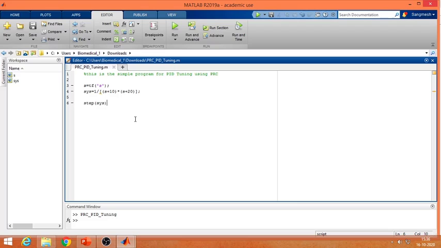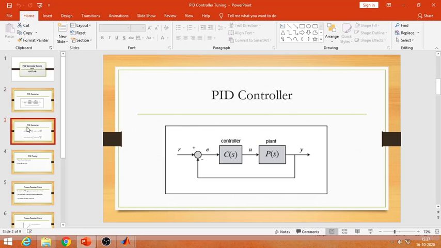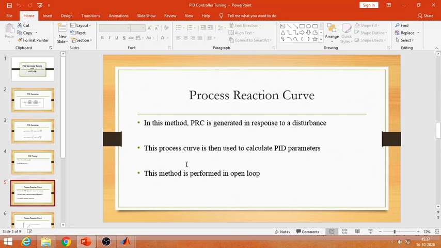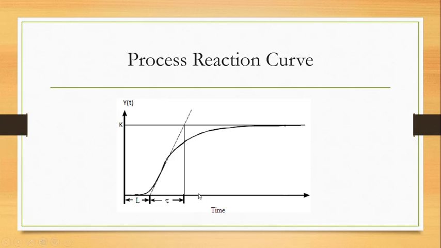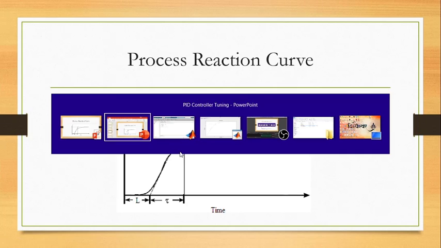Once we get this step response, our task is to find L, K and tau from the PRC, the process reaction curve. We have to find these parameters: lag, time constant and the steady state value.